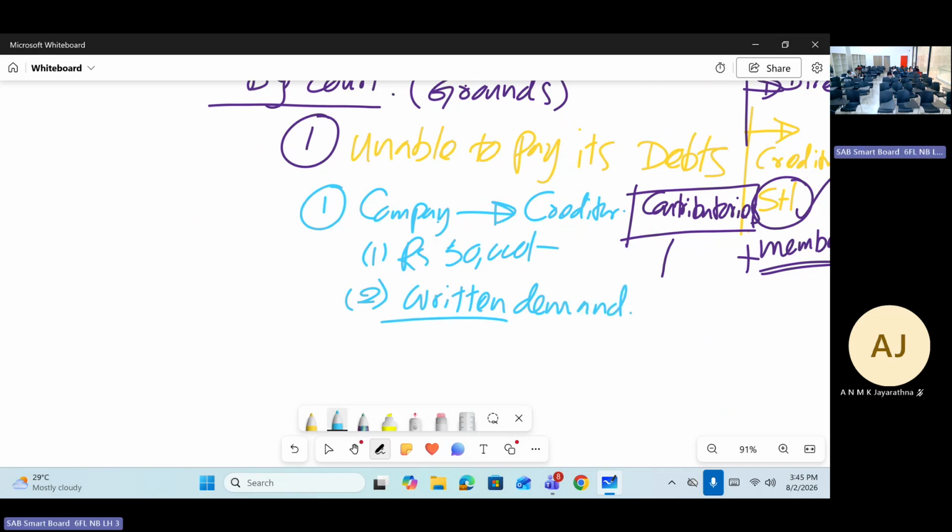Written demand. The creditor is writing, demanding the money. Then what happens?